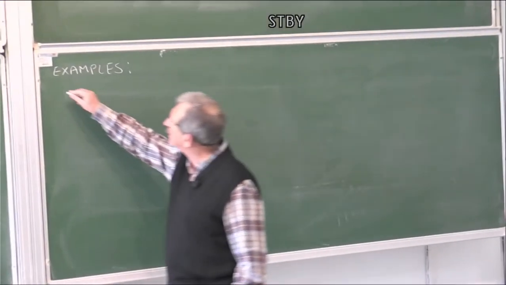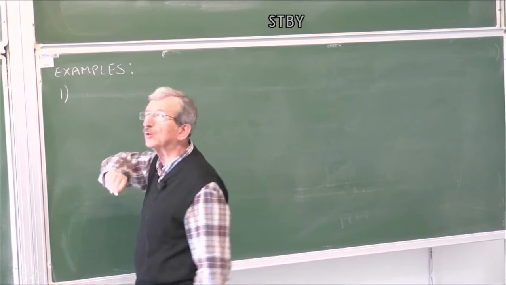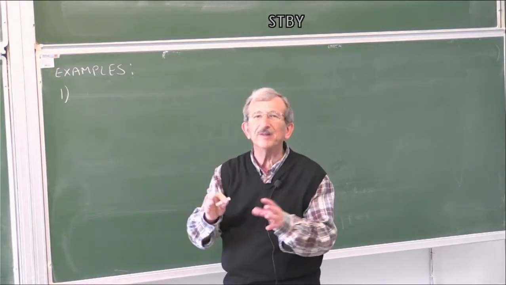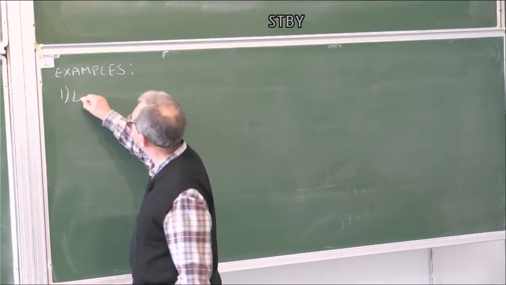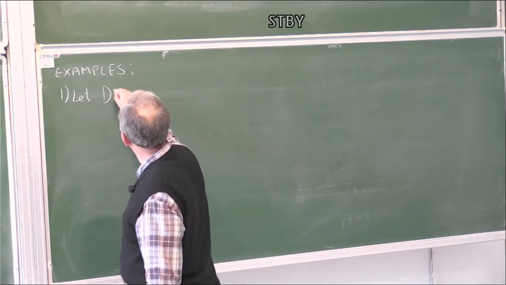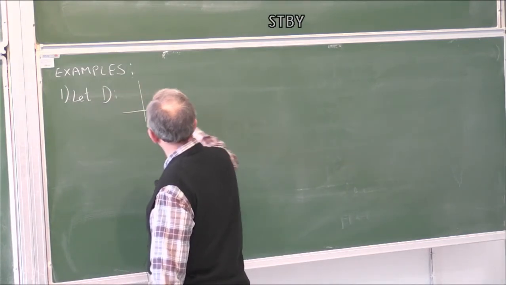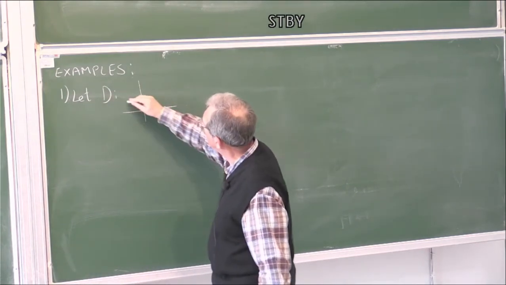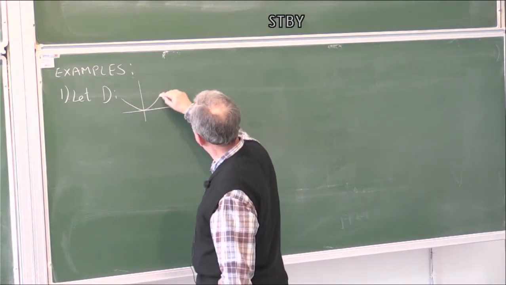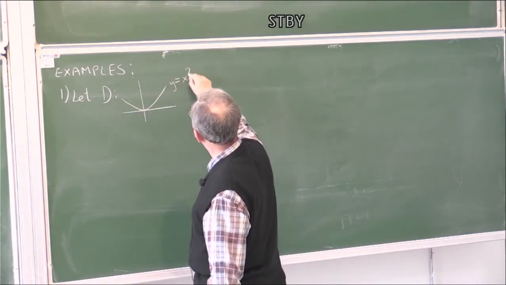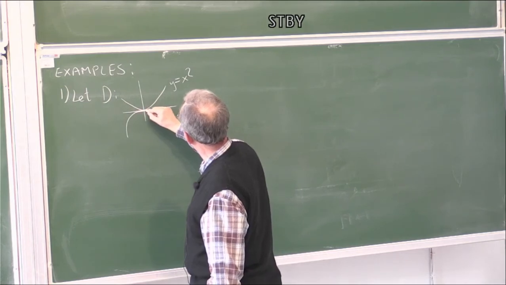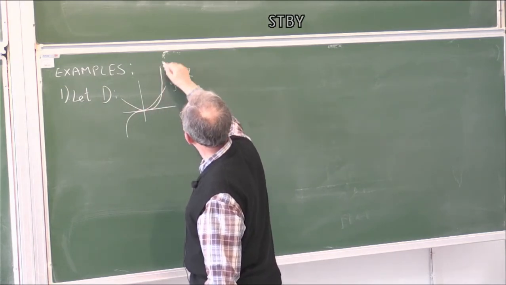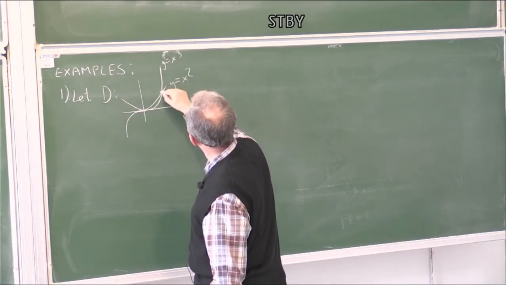Okay, let us start with the usual, simple example we had. Let D be the region which is y is x squared intersected with y is x cubed.